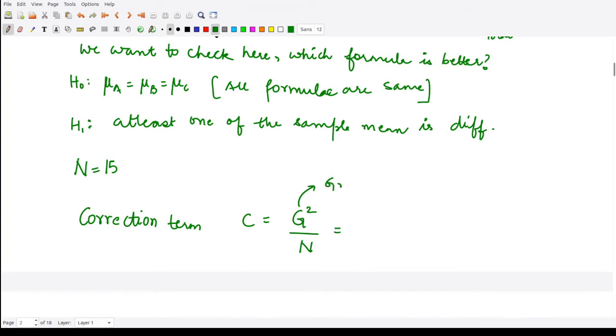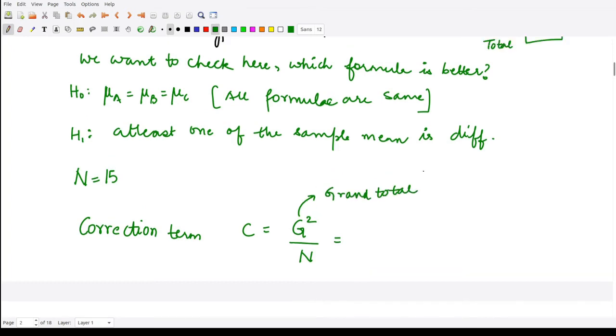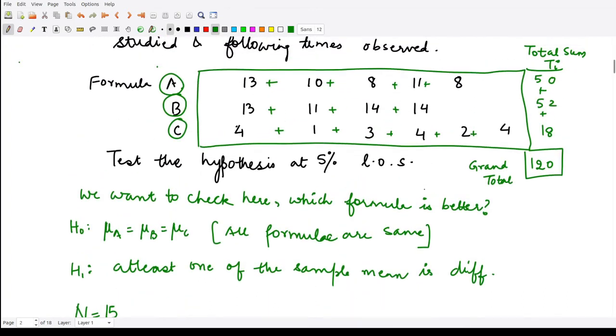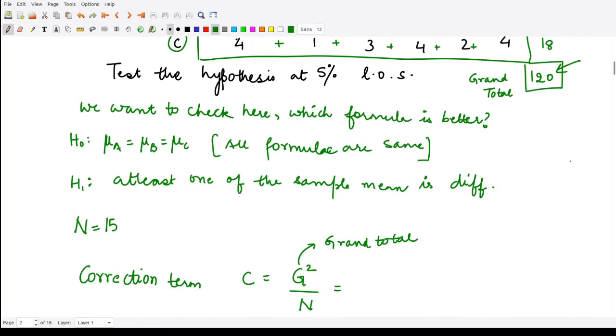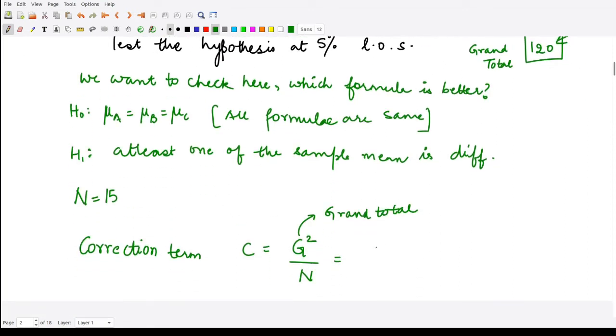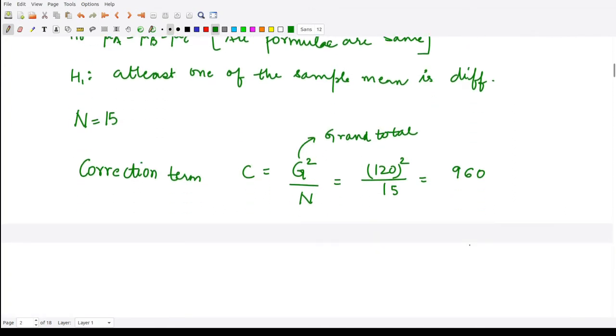It is obtained from this table, and we have calculated its value to be 120. So its square divided by the value of n, that is 15, gives us the value 960. So this is the correction term.